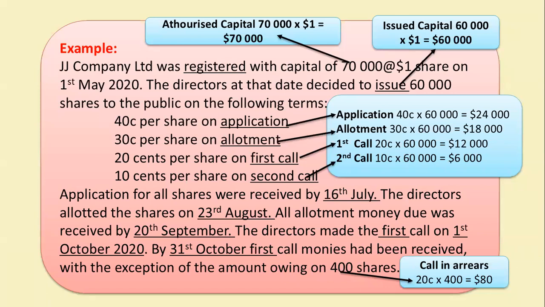Call 1 was $12,000, but not all the $12,000 was received when call 1 was due. We will discuss that more when we look at the journal entries. And call 2 was $6,000, but it was not made and it was not due, so it was not received.